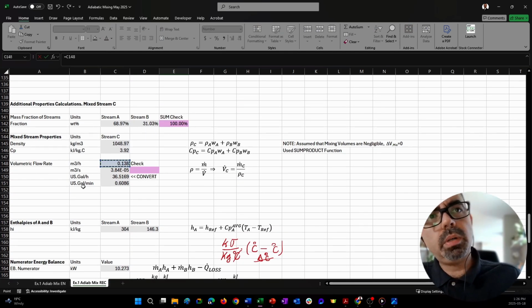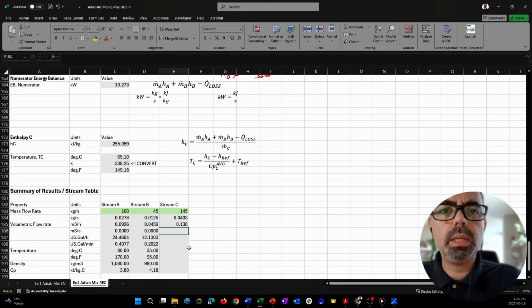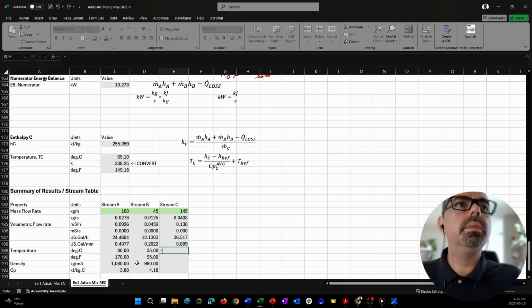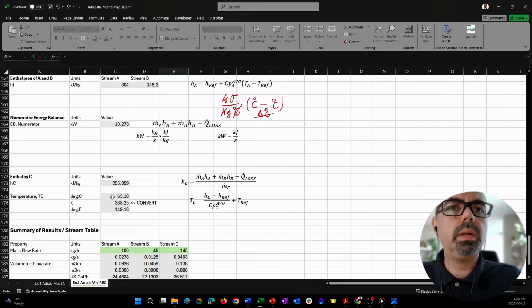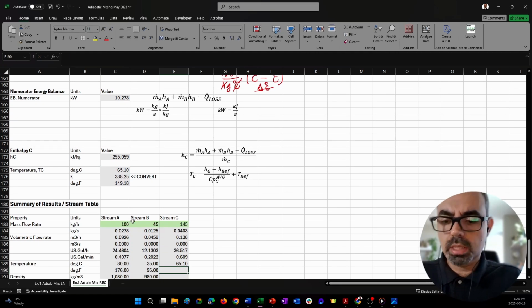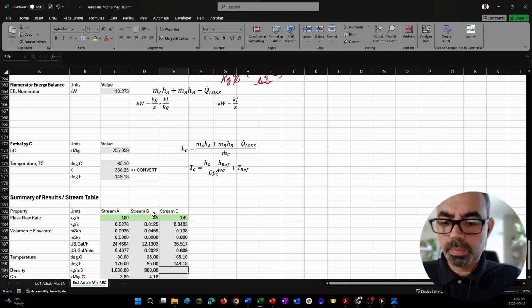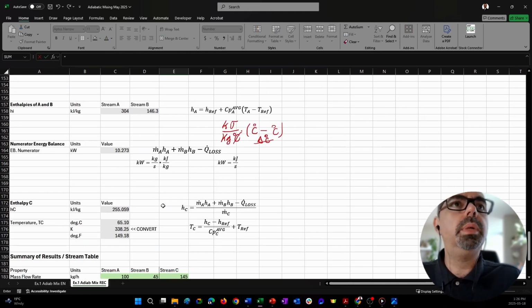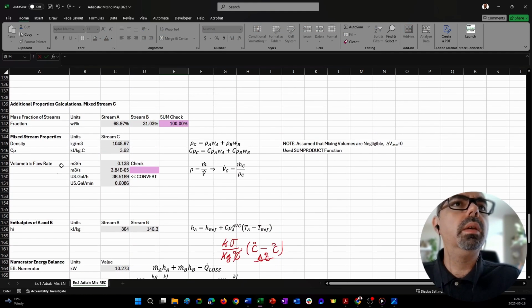These are in the same order, so I will be able to drag them down. So I just drag down here. Then I look for the temperatures, which is the one that I calculated here, 65, and the same value in Fahrenheit. And then the properties, which are above, density and CP.